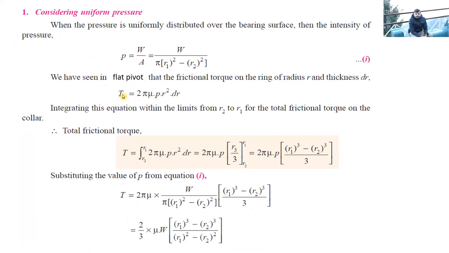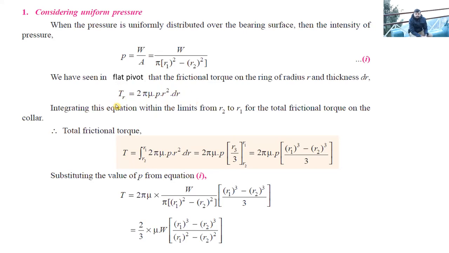So we have taken this expression from there itself. If you are unable to comprehend this, just visit the derivation of flat pivot bearing, and you will be able to understand how this expression was derived. So this T_R would be equal to 2 pi mu P into r square dr. This load would be multiplied by the radius r, and we will arrive at this equation.